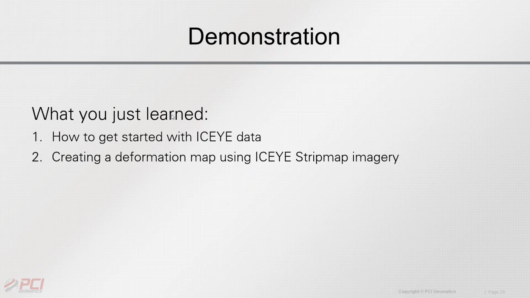We're generating a number of other parameters, and all of that information is then used in the InSAR and other SAR workflows that we have to help automate that. So that really reduces a lot of the manual effort that you would have to go through. So that was wonderful. Thank you, Jason. And then at the end, he also showed you the primary steps, so the main outputs and intermediary products that are required to create the deformation map using ICEYE strip map imagery.